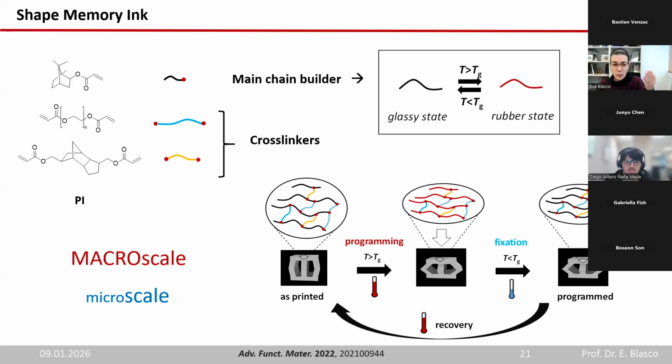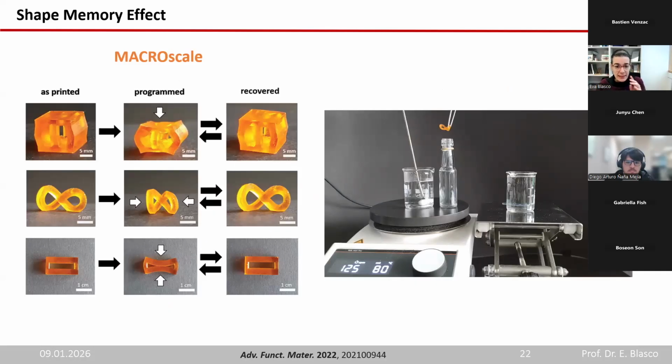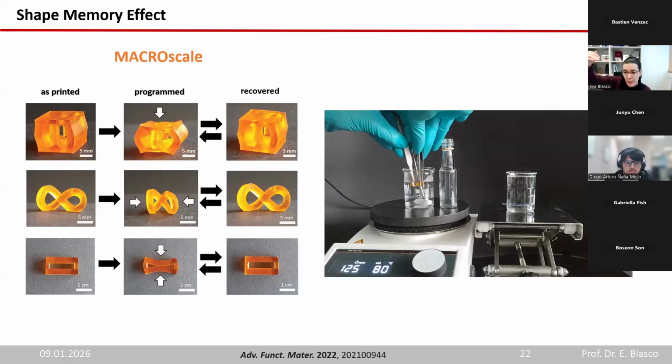We started because that material was new for printing at the macro scale, and here you can see how it works. So we print this infinity ring. You see that it is not fitting in the little bottle, and we have here a water bath that is preheated at 80 degrees to make sure that we are above the glass transition temperature of our material.